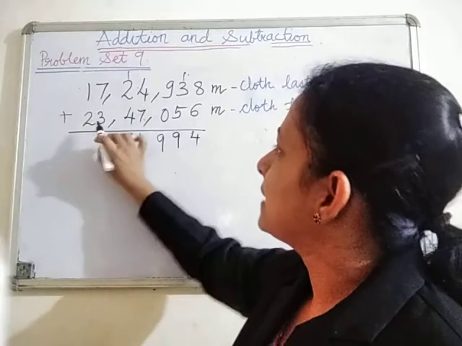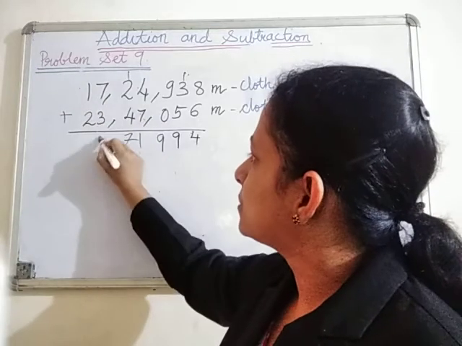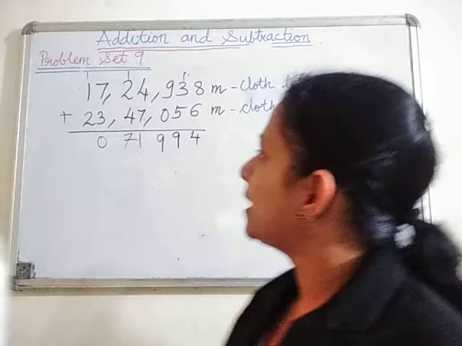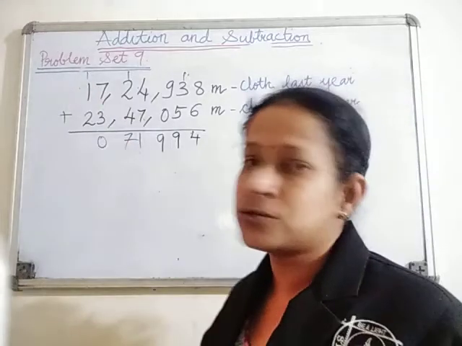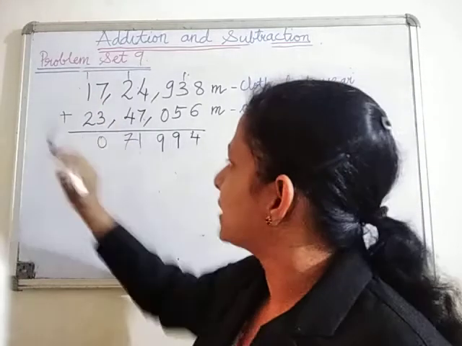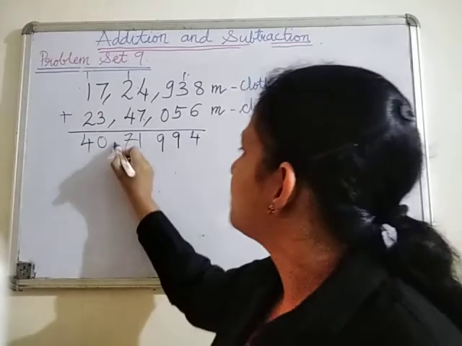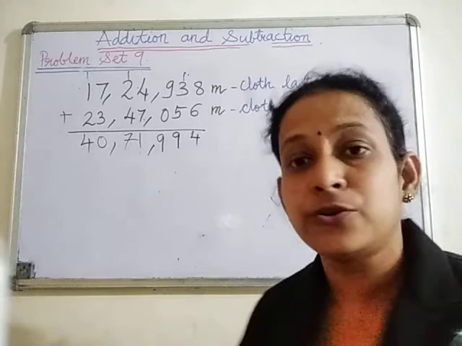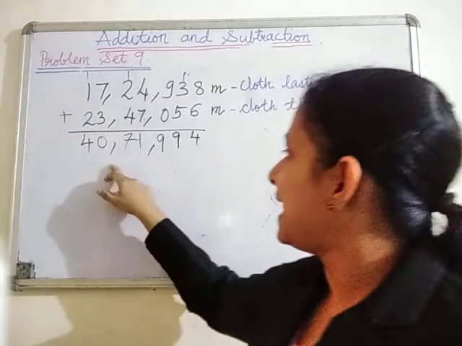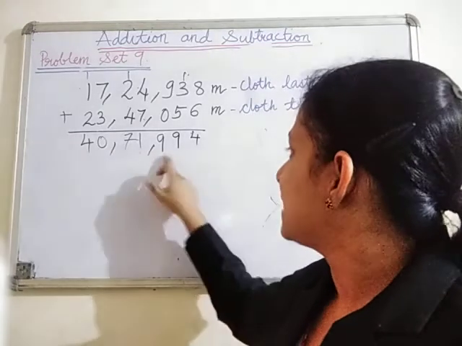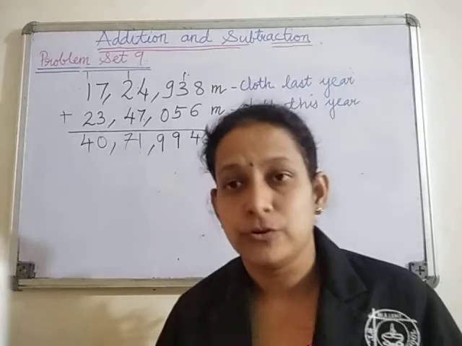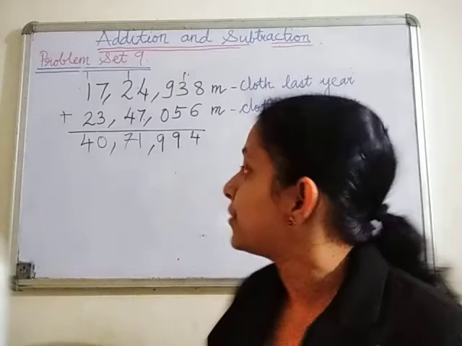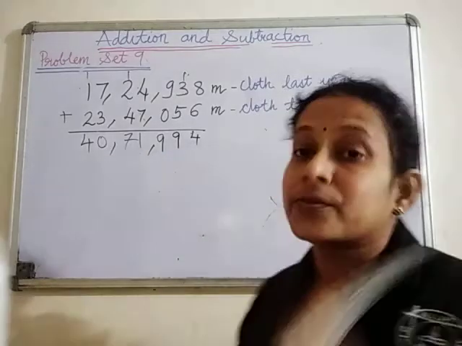Okay. Then 7 plus 3 is equal to 10. Again carry 1. And 2 plus 1 is equal to 3, plus 1 is equal to 4. So the total production for the 2 years is 40,71,994. So this is the total production for the 2 years.